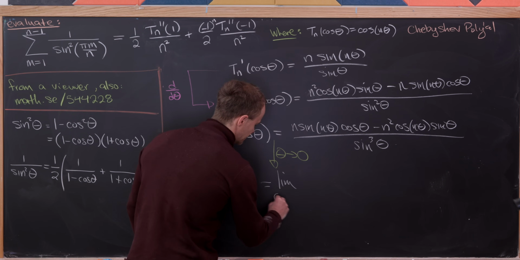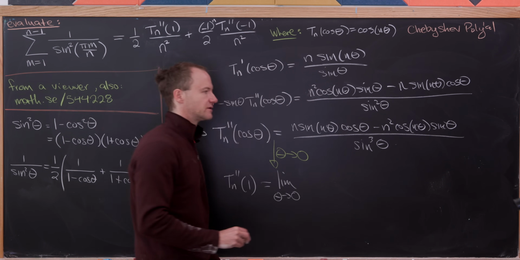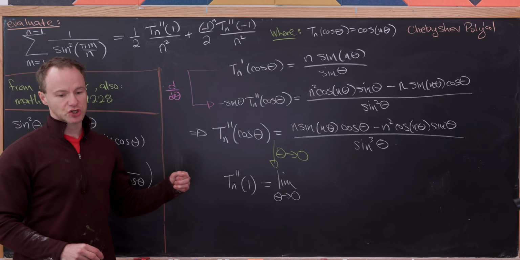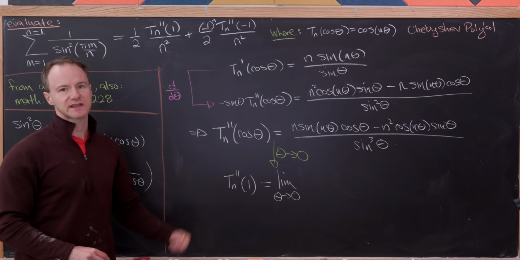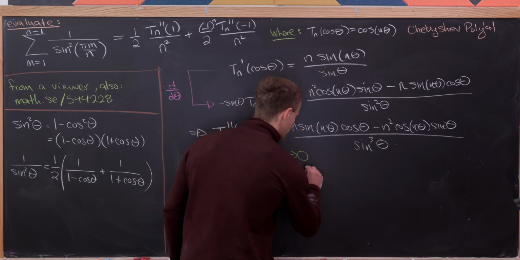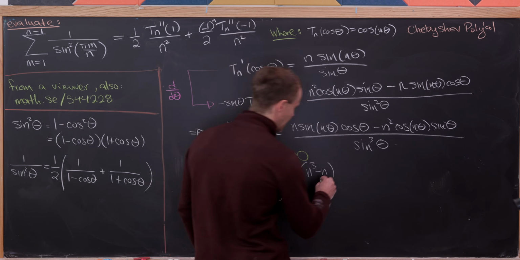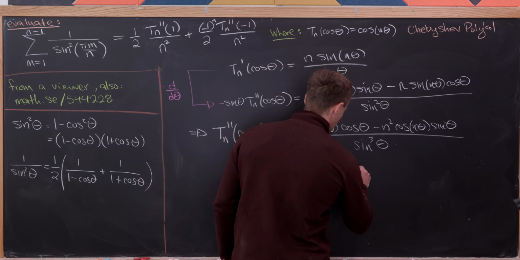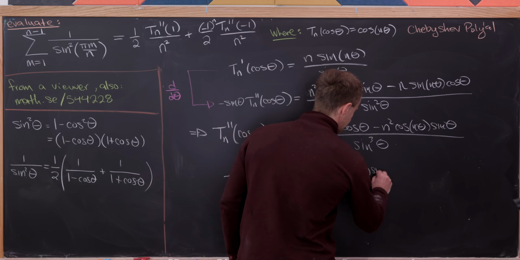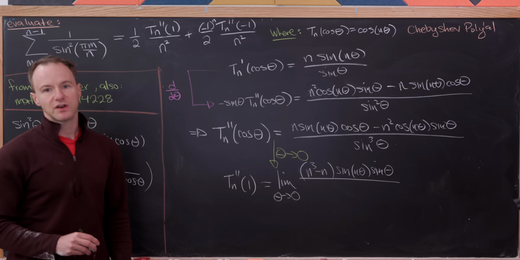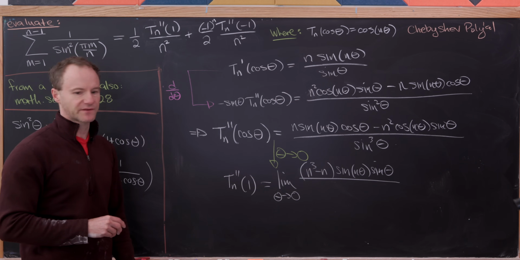So let's see, this is going to turn into the limit as theta goes to 0. The derivative of the numerator is a little bit of a chore, but everything cancels out kind of nicely to leave us with n cubed minus n times sine of n theta times sine of theta. So like I said, that's the derivative of the numerator after doing a little bit of simplification.